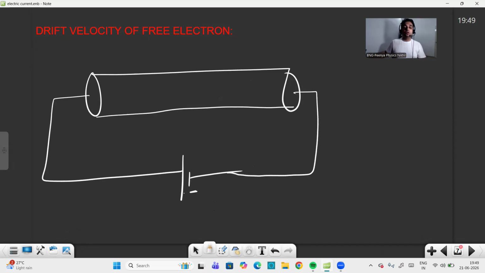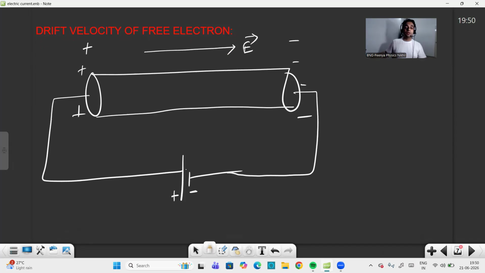Here we will give a supply that generates the potential difference, done by the battery or any supply source. It is creating a higher potential on one side and a lower potential on the other side. Due to that, the electric field is established from higher potential to lower potential.